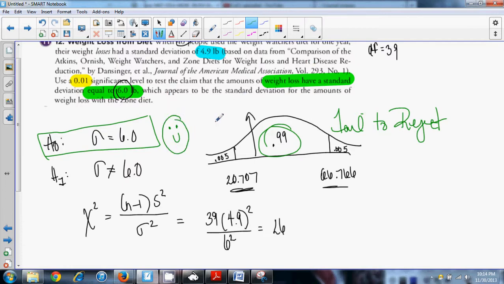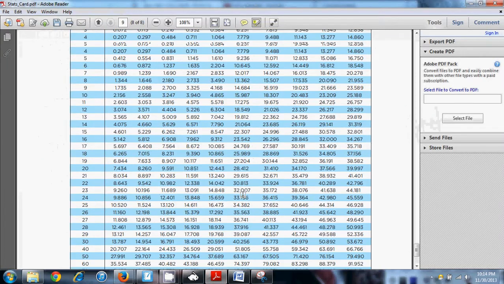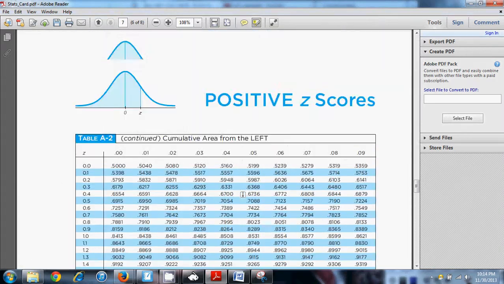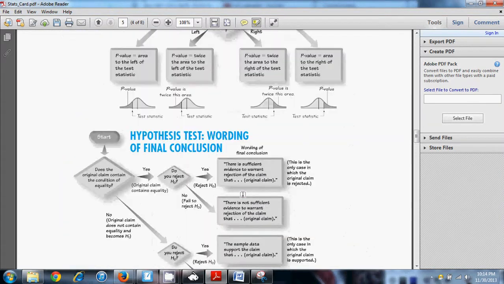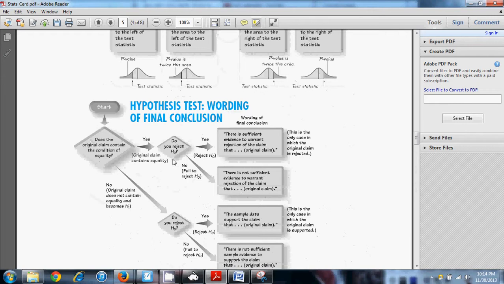So I would recommend it. But we were very happy, failed to reject, and it would appear that there is insufficient evidence to warrant the rejection of my claim if we use the fancy chart to figure out how this should be worded. It had the equality. We did not reject it, so there's not sufficient evidence to warrant the rejection of the claim. Or a lot of people would say the sample evidence supports my claim.